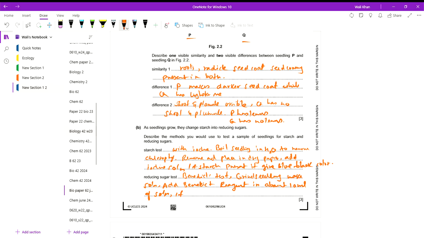If reducing sugars are present, it will give red to orange coloration.